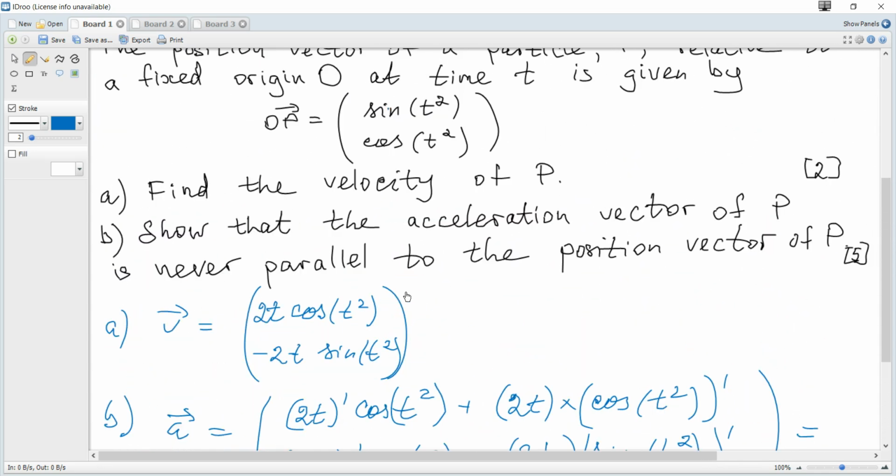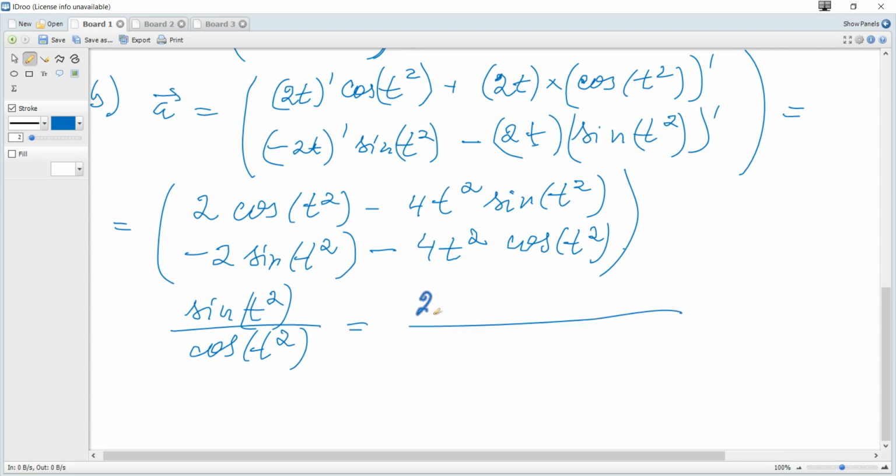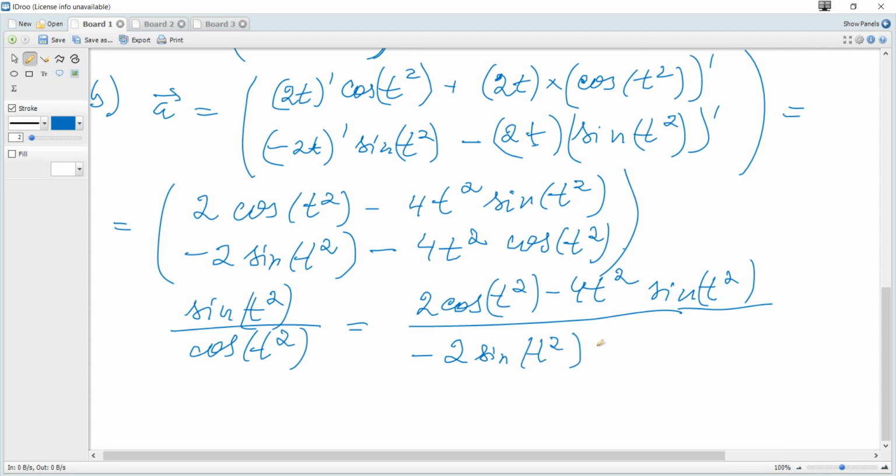So it becomes sine of t squared over cosine of t squared is equal to 2 cosine of t squared minus 4 t squared sine of t squared over negative 2 sine and minus 4 t squared cosine.